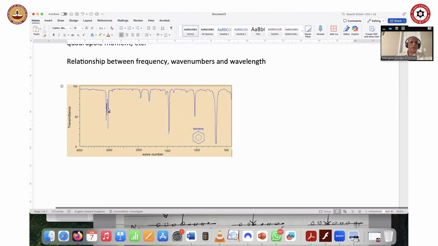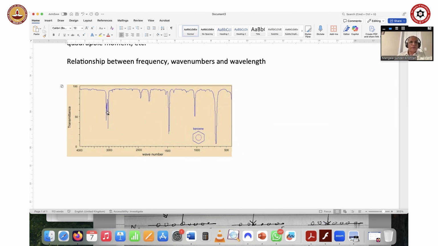So you can see that there are lines in this region between 3000 to 3200 centimeter inverse. This is wave number, centimeter inverse. And then you can see there is a small line, there is another line, there is another, and so on. So these are basically specific to transitions or line positions.